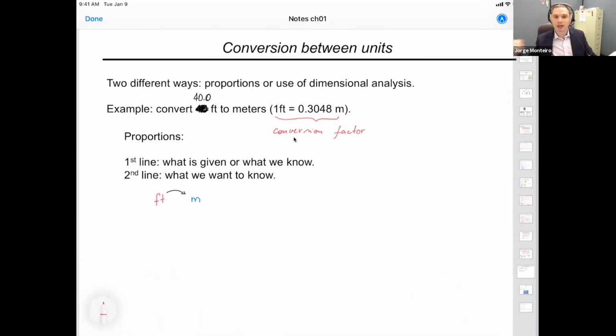The first line of my proportion is always the information that I know, okay? And the information that I know is right here in the conversion factor. So I know that 1 foot is equivalent to 0.3048 meters.